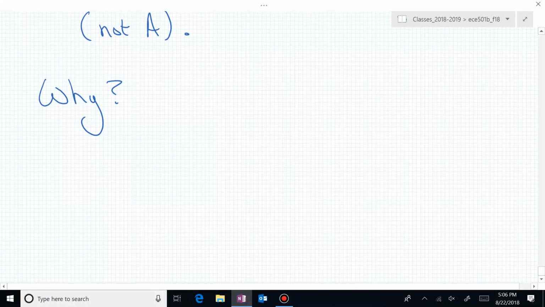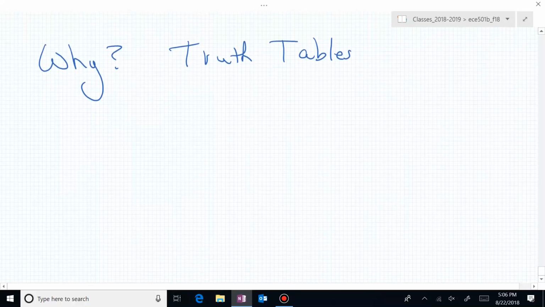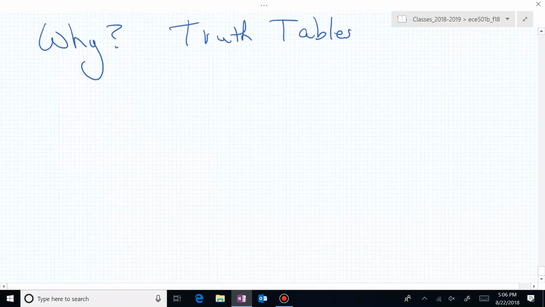So now we're trying to figure out why. If we want to show that they're logically equivalent, we can do that with a truth table. So in this truth table, let's say I have A and I have B. Now we just need to build up the possible combinations.